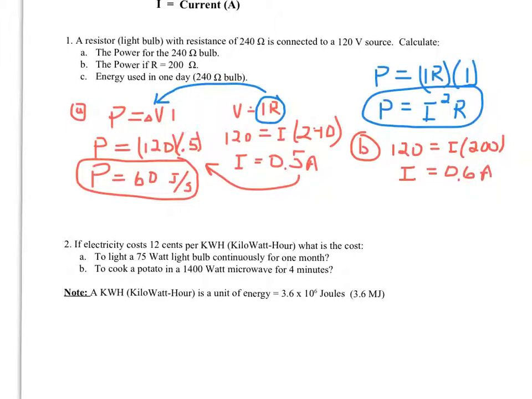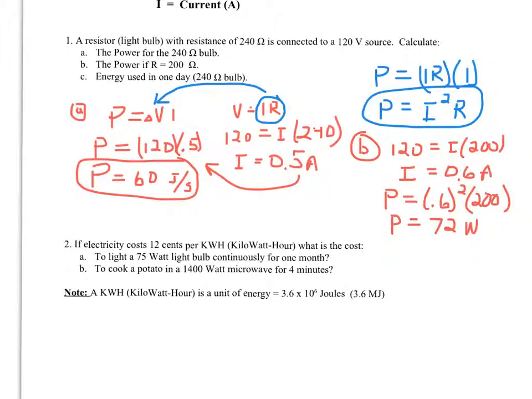So the power, and I'm going to use I squared R here, 0.6 squared times the resistance, which is 200 ohms. And interestingly enough, when you change or have a light bulb with lower resistance, the power ends up to be higher. Let me see what it is. So you get 72 watts.